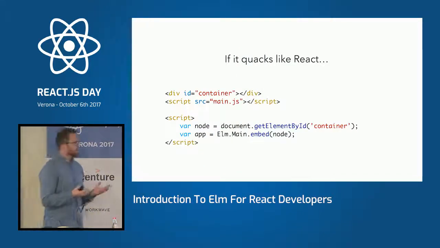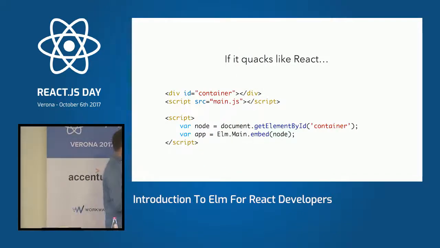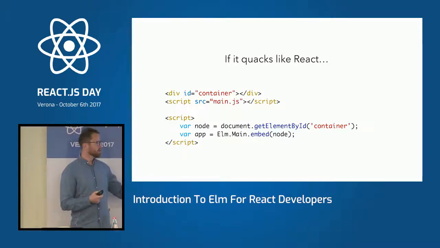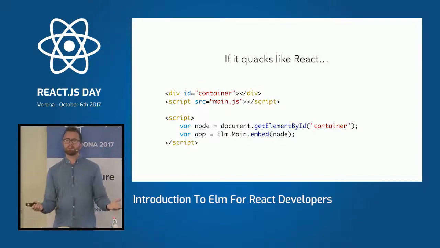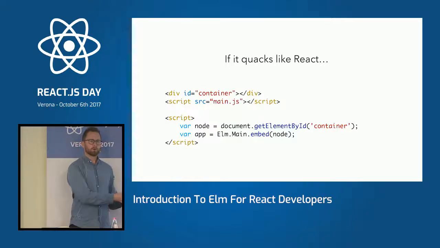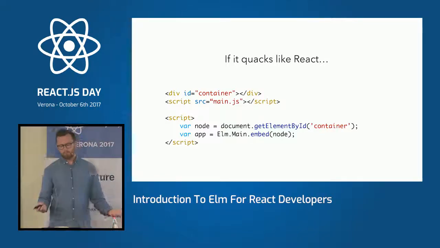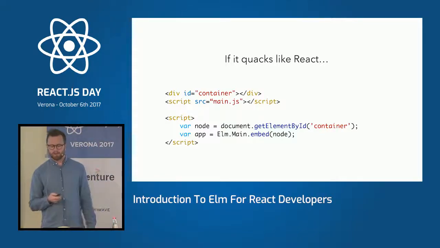So it works like React. Elm will compile to a JavaScript file that you will import in your code, and it will expose one global object, the Elm object, and then you can say to Elm, please render this app into this DOM node, just like you do with React, right? So it's very easy to use Elm on a small part of your app. Basically the same React story all over again.